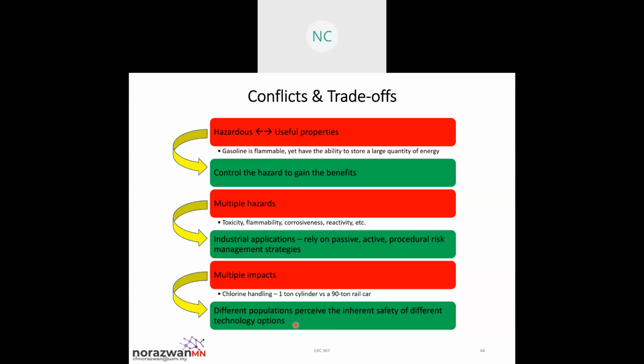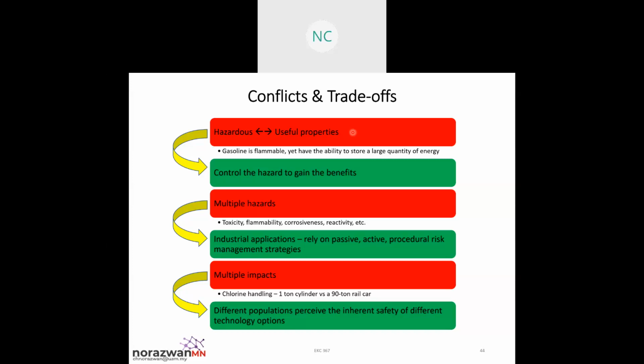Okay, so these are the conflicts and trade-offs when you are trying to implement ISD inside your plant design. There is no right and wrong during your implementation, only your justification when you are choosing the right strategies.